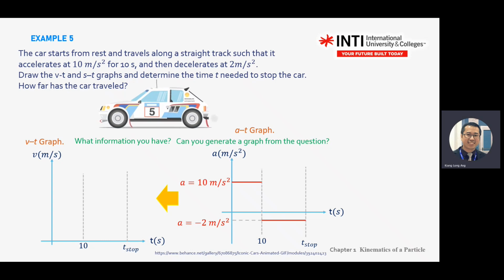What is the area under the graph for this section? 100, what unit? Meter per second. If you take this unit, meter per second square, multiply by second, it cancels out one second, so you get meter per second. So you will transform into velocity. So on the graph, from 0 to 10, at 10 seconds, your velocity is 100.